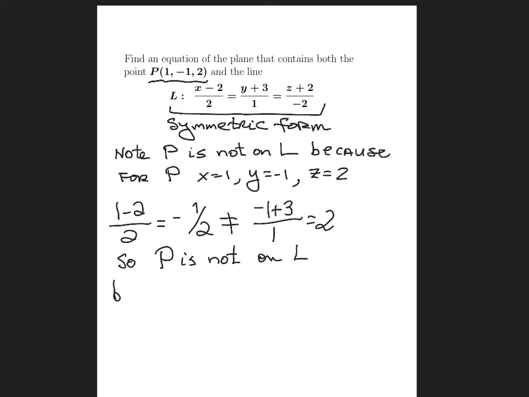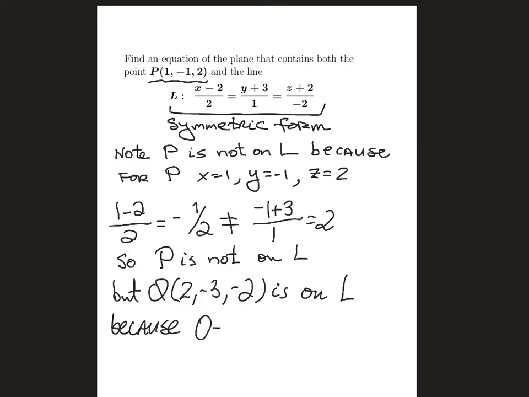We also want to acknowledge here that we'll need a point on L. So point Q with coordinates 2, -3, -2 is on L, because when we plug in 2 for x, -3 for y, and -2 for z, we get 0 for all of them. And that means that the point 2, -3, -2 does lie on line L.